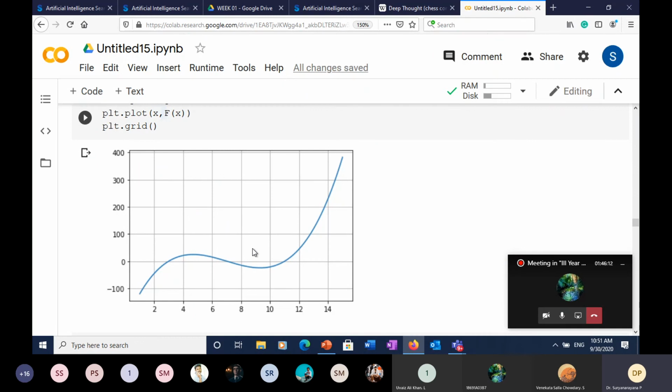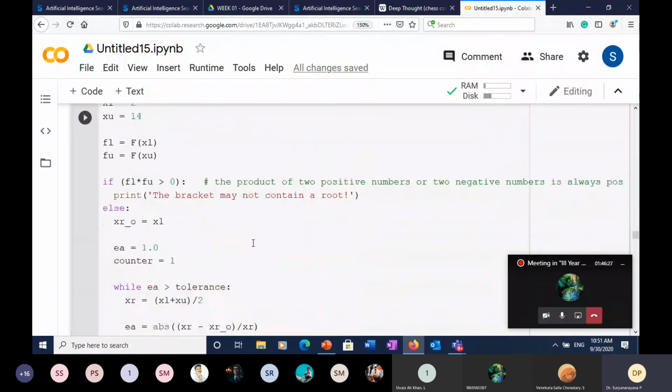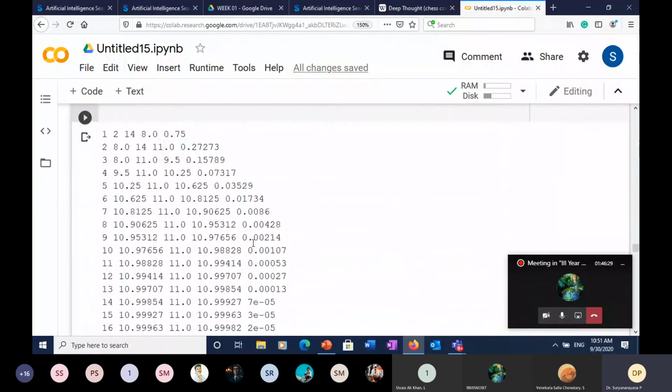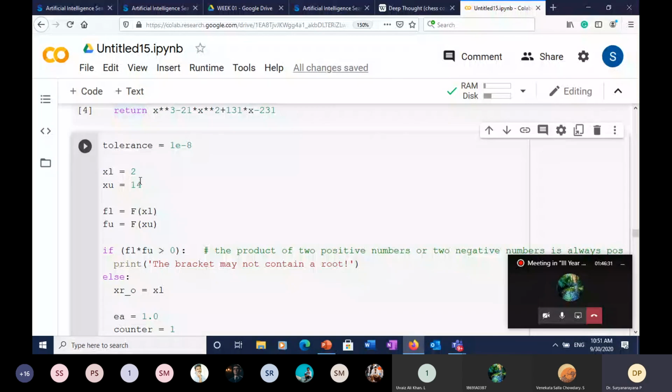But if there are an even number of roots in a bracket, then the sign at the beginning of the bracket and the end of the bracket may be the same. So that is why I was very careful when I gave the message. If I say 2 to 8, you see the message I have coded in.